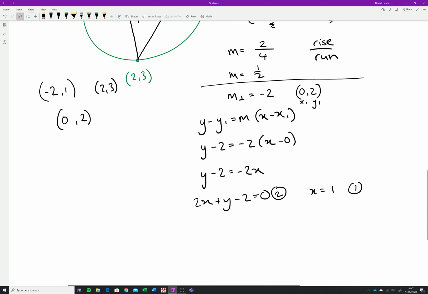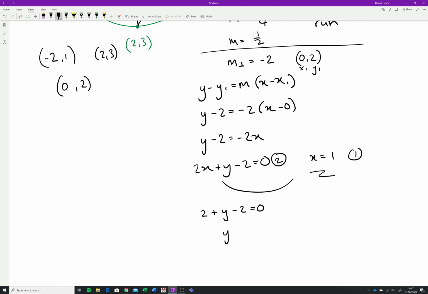As it is, we can do simultaneous equations with these ones here. It just so happens that we have a really easy one because we're already told that x is 1. So if you just sub it in, you'll end up with 2 plus y minus 2 equals 0, and you'll end up with y is equal to 0. So actually, we know what the center is. The center is 1, 0.